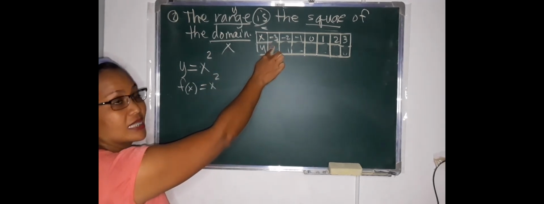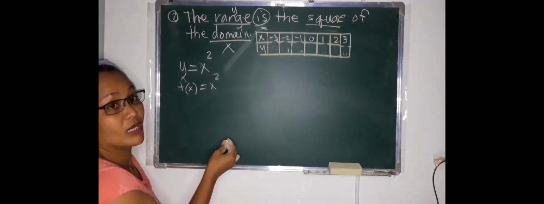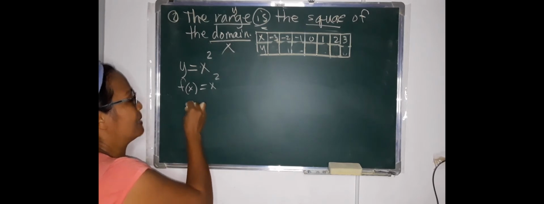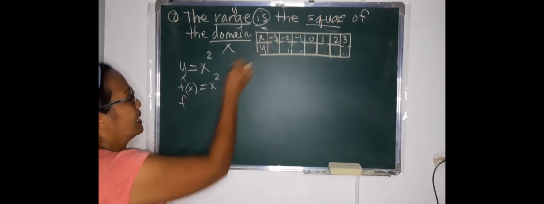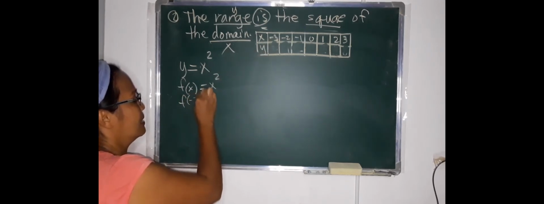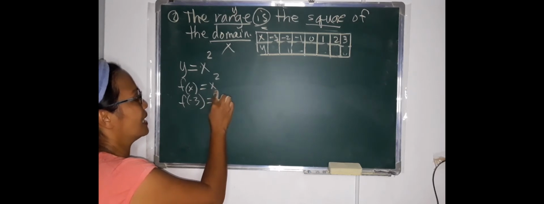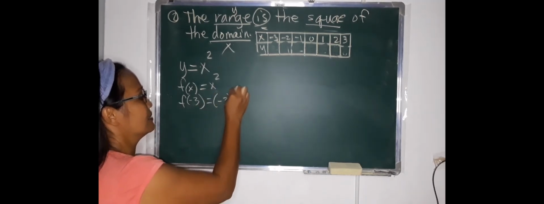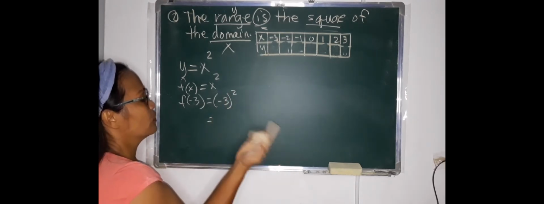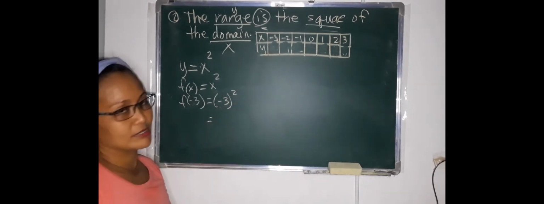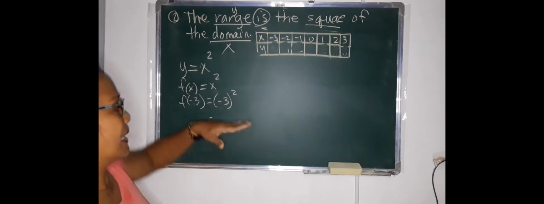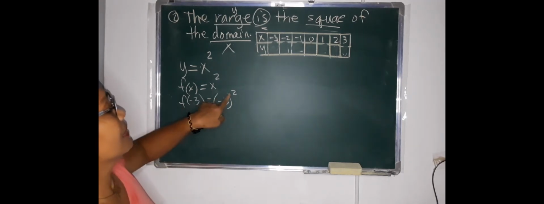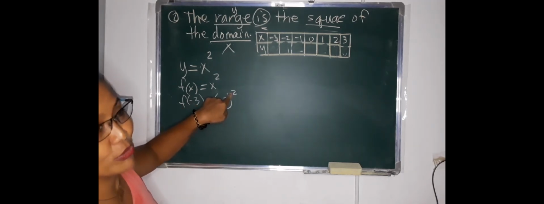Now, substitute natin yung value ng x one at a time. So, f, palitan natin yung x ng negative 3 is equal to, lahat ng x, palitan ng negative 3. So, negative 3 squared. So, ang ibig sabihin pag may exponent tayo na 2, i-multiply natin yung base depende kung ano yung number na sa taas.